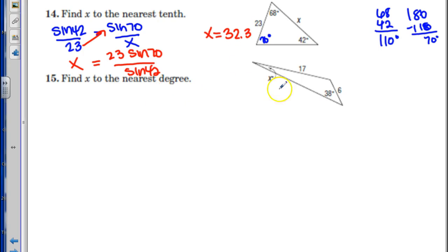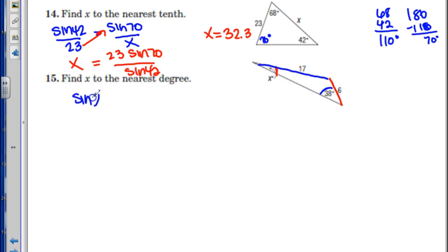All right, let's look at the next one. Is this law of sines or law of cosines? I'm given 2 sides and an angle, but do I have an angle with 2 sides around it given? So 2 sides in the angle between, I do not. So again, this is law of sines. So I'm trying to find this angle, and this side is opposite that angle. I'm given this angle, and there's my opposite side.